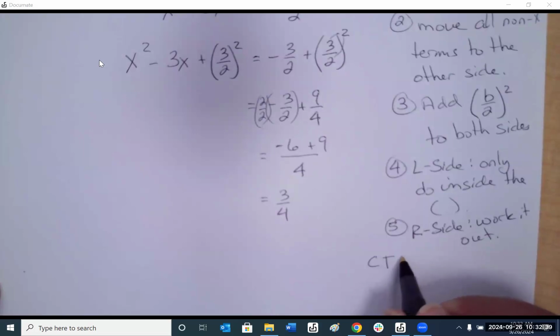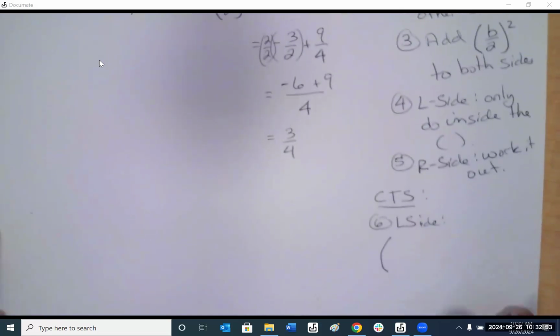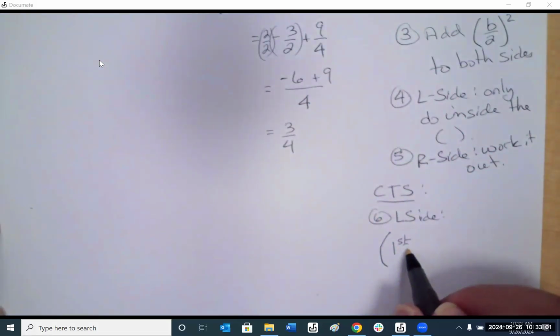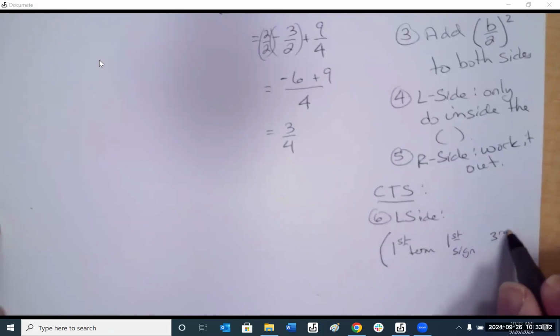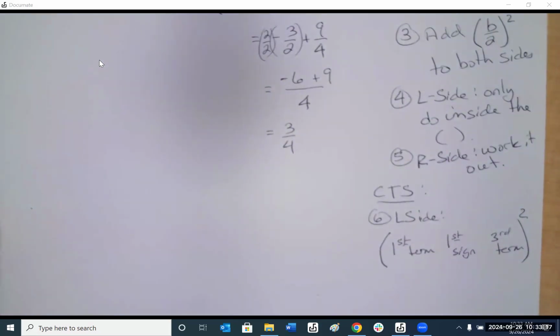This is where we complete the square. On the left side, inside a parenthesis, put the first term, first sign, and then third term, and then put in parentheses and squared.